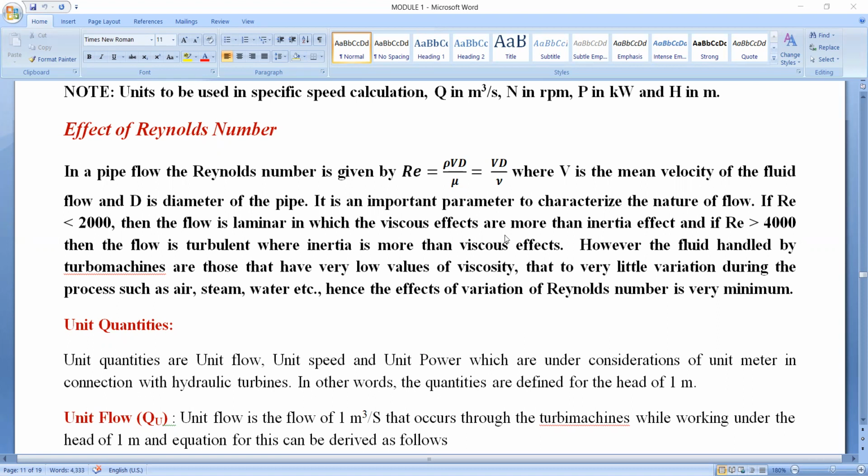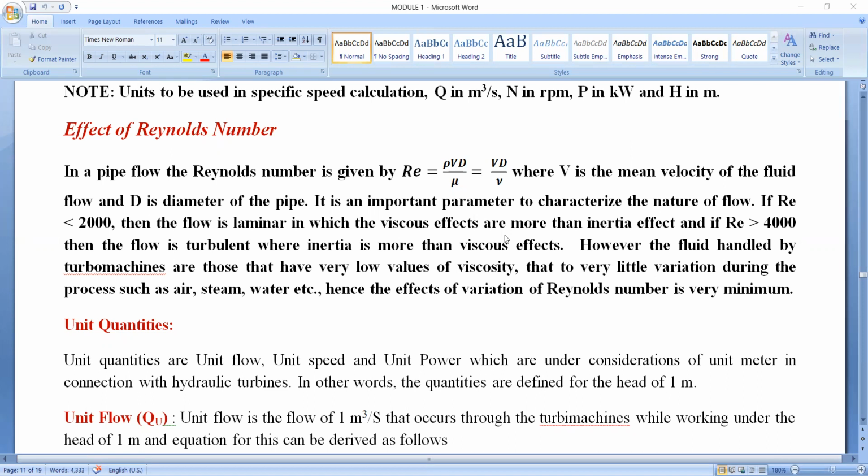In the previous lectures, we have seen the definition of turbo machines, the classification of turbo machines, the principal components of turbo machines, and the differences between positive displacement machines and turbo machines. Next, we saw how to get the dimensionless numbers for a particular flow problem by using the Buckingham pi theorem, and we obtained the four pi terms, that is pi 1, pi 2, pi 3, and pi 4.